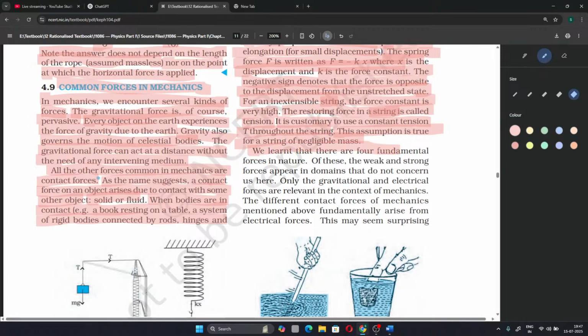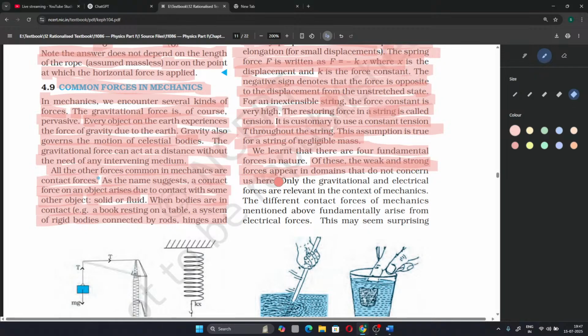We learned that there are four fundamental forces in nature, and of these, the weak and strong forces appear in domains that do not concern us here. The weakest force is gravitational force, which we will study more in the gravitation chapter in the 11th textbook.